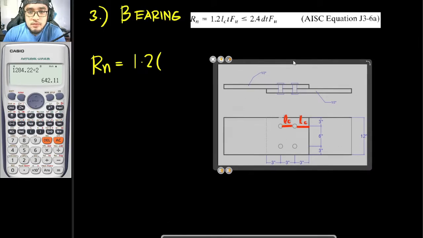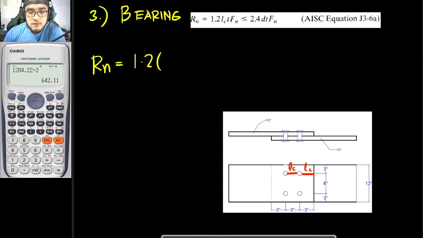Baba natin onte para may space tayo. So for this one right here, solve muna natin to. So Lc1 is to be equal to, sabi dito center to center spacing daw niya is to be 3 inches. But we have holes here. So this is to be the Lc, 3 inches minus yung bolt diameter, itong part na to and itong part na to or yung hole diameter.